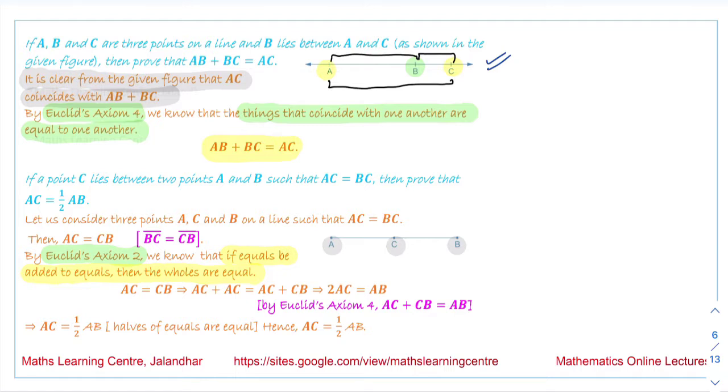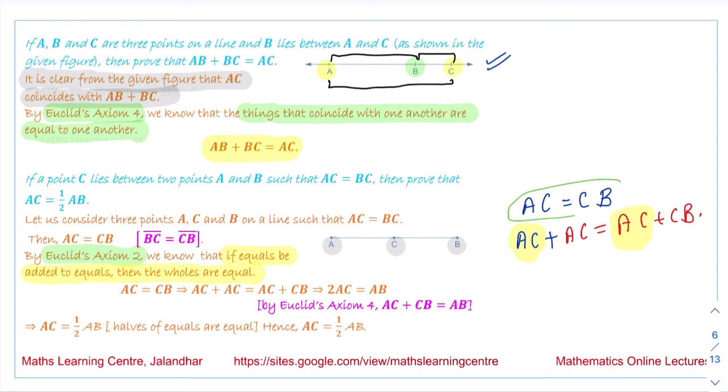So AC is equal to CB, and I am adding AC to it, AC plus AC, and AC plus CB.